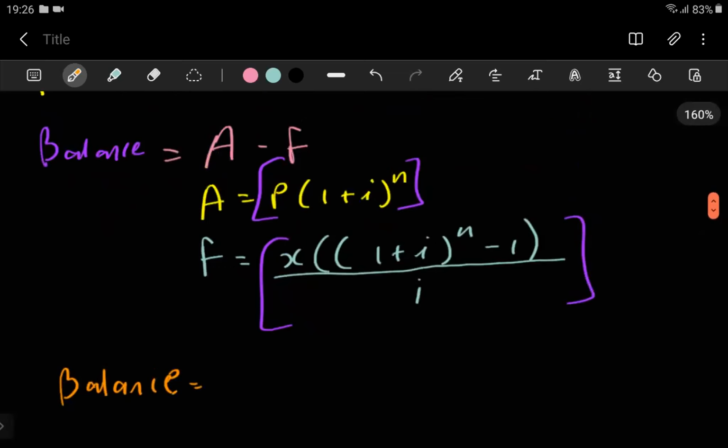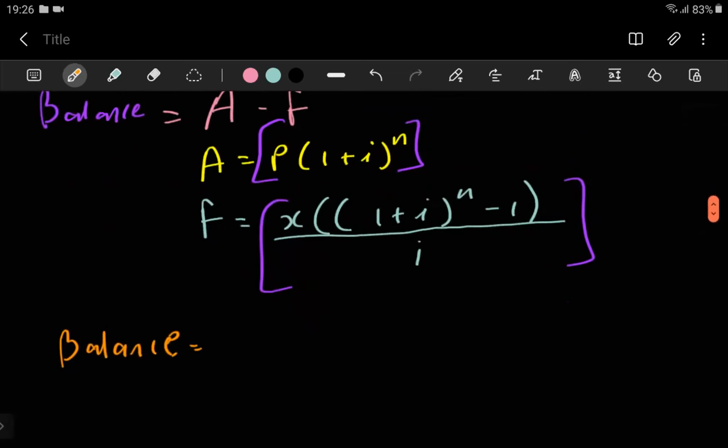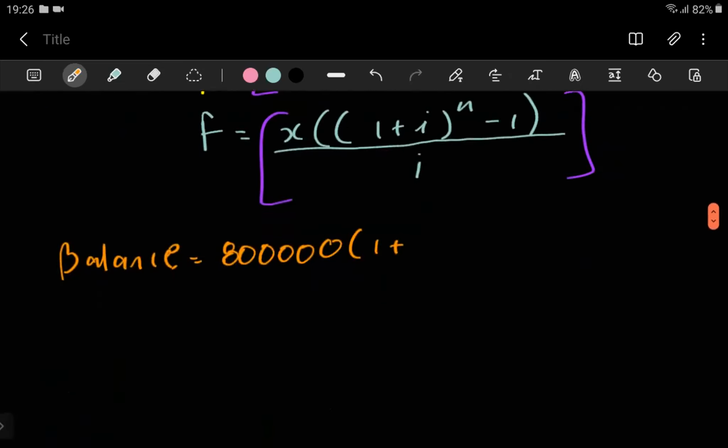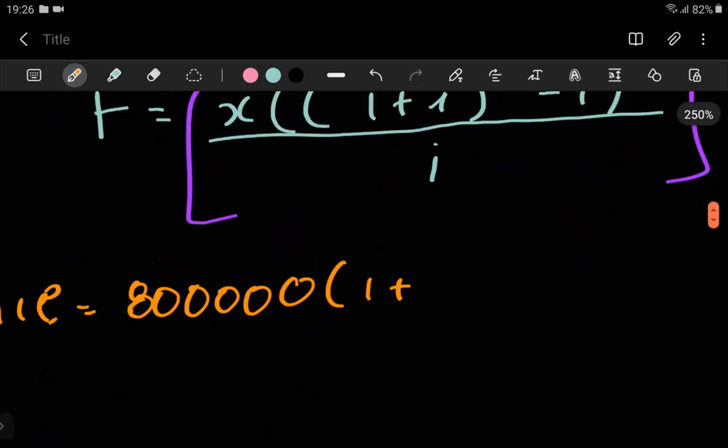So 800,000 times 1 plus the interest rate, which is 10.25%. They say it's compounded monthly, so it's 10.25% compounded monthly.